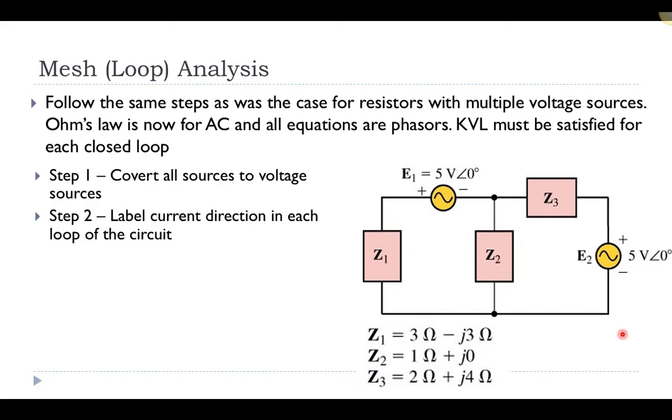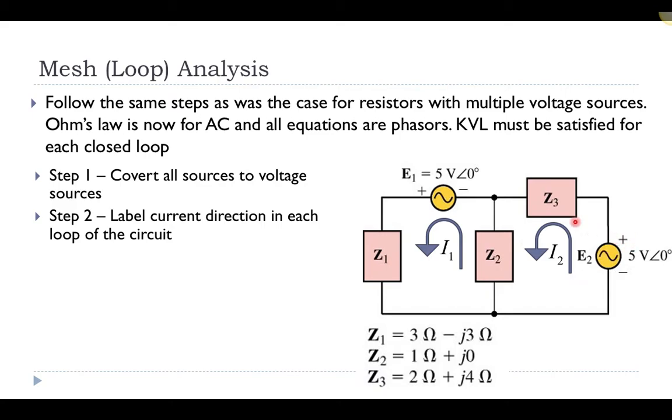Step 2 is to label the current direction in each of the loops of the circuit. So I would look at the voltage supplies here and here, and I might choose my current direction based on the polarity of the voltage supply. And so in my case, for this picture, I am choosing a current direction around the loop on the left to be counterclockwise, and also on the right to be in the counterclockwise direction.